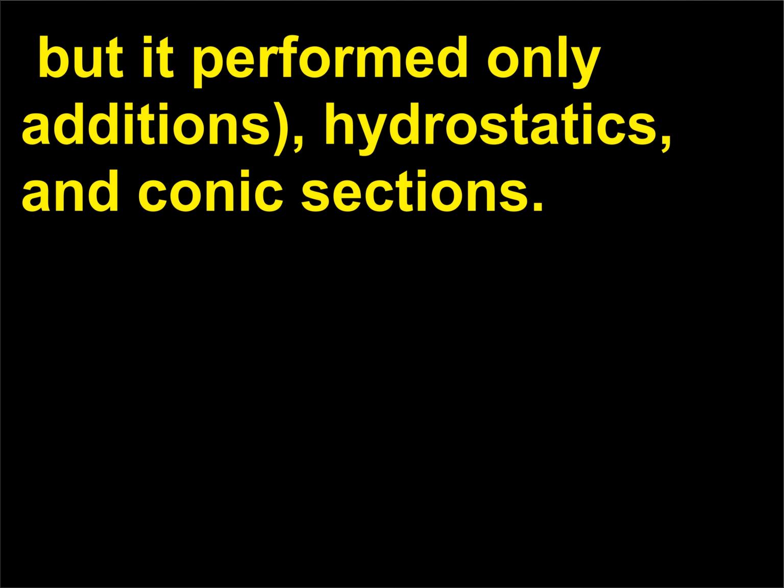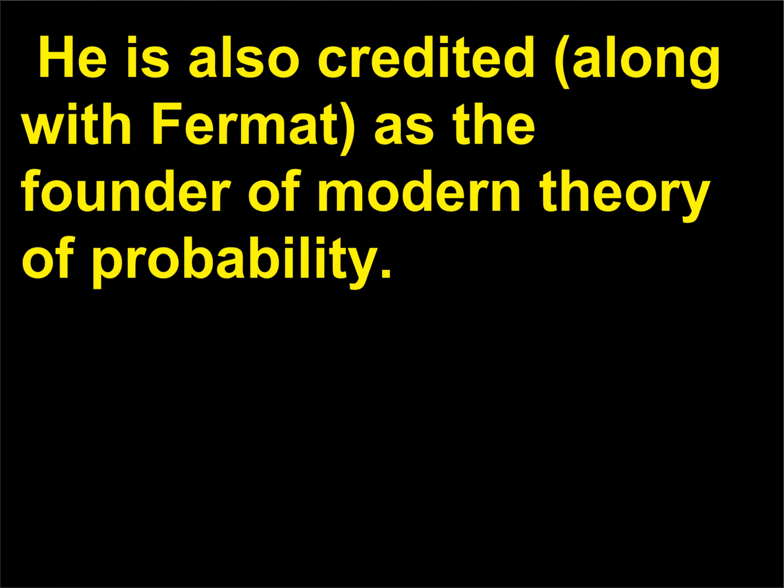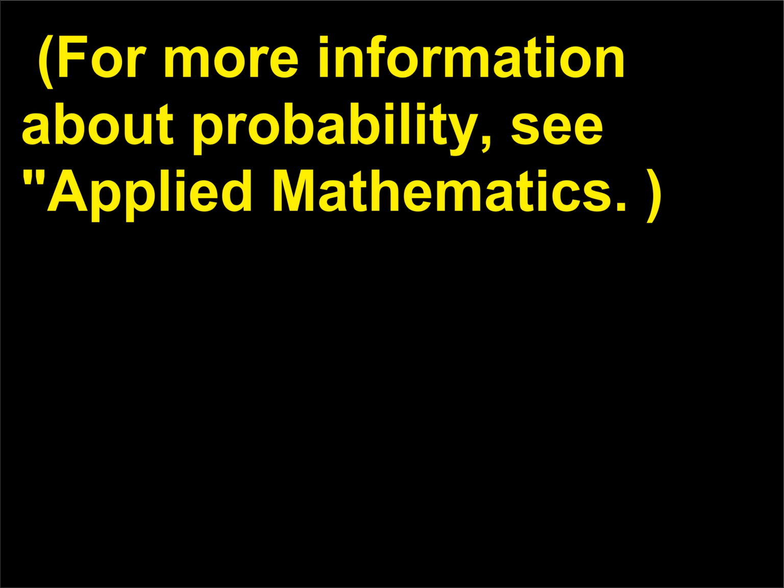But it performed only additions, hydrostatics, and conic sections. He is also credited, along with Fermat, as the founder of modern theory of probability. For more information about probability, see Applied Mathematics.